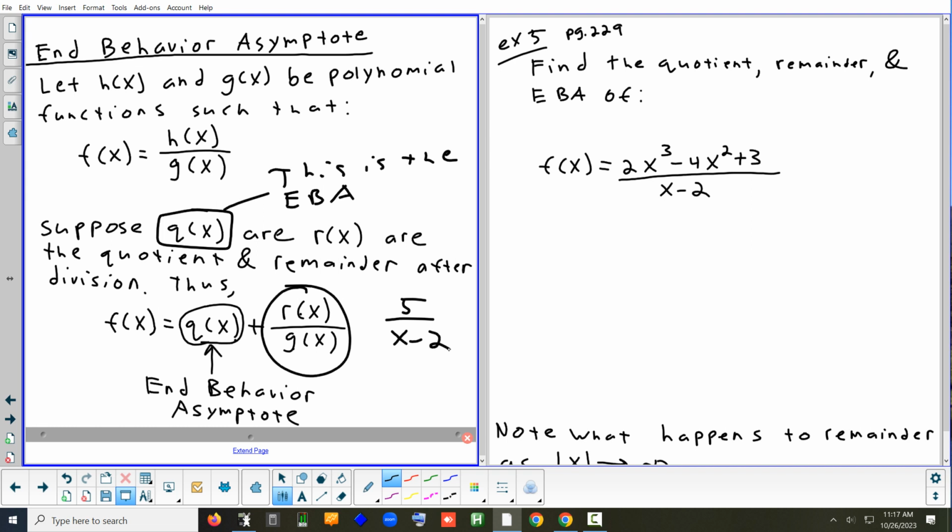As x approaches infinity, what happens to this fraction, 5 over x minus 2? Yeah, it gets closer to 0, and basically this part has no effect on the problem at all. Maybe for small values it would, but as x starts to get really, really big, this part gets really, really small, and it approaches 0. So the only thing that's left that's significant is the quotient, and that's called the EBA.